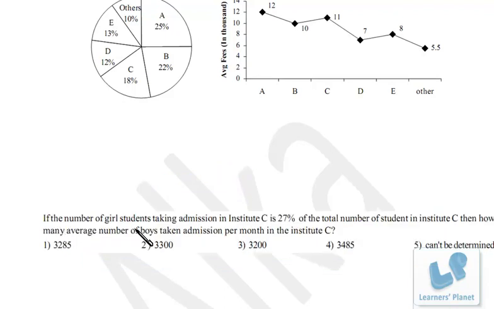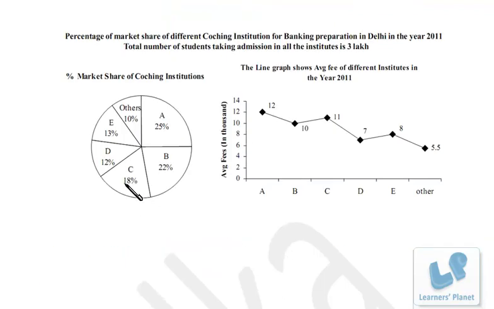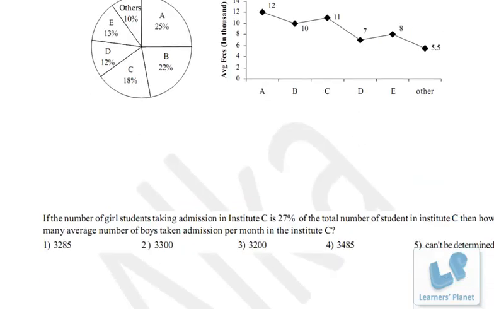If the number of girl students taking admission in Institute C is 27% of the total number of students in Institute C, then how many average number of boys taking admission per month in Institute C? See, contribution of Institute C is 18% of 3 lakh, right?